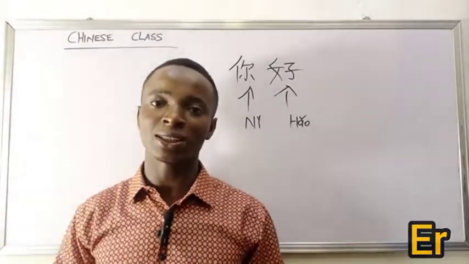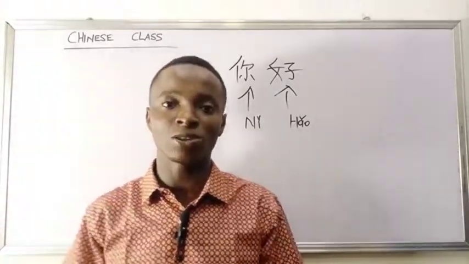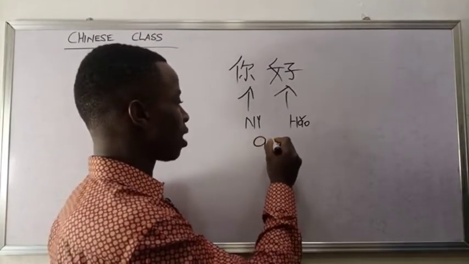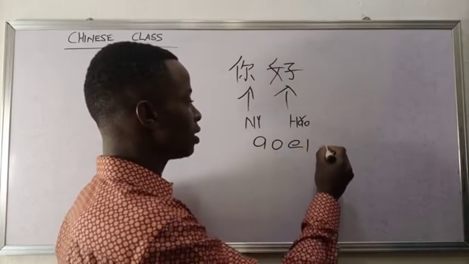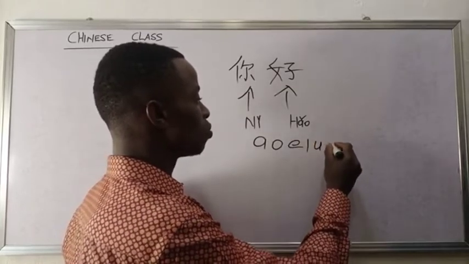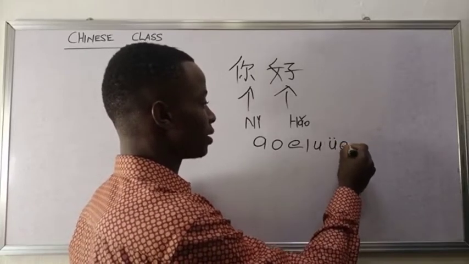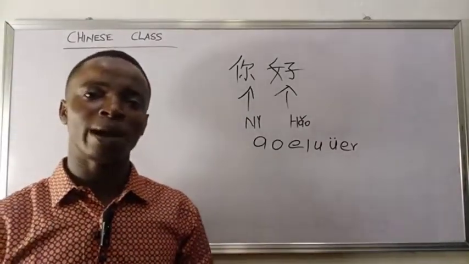So let's write it down and see how we can make the right pronunciation. So remember, the ones we say are a, o, e, i, u, ü, and r. So now let's study it one by one.